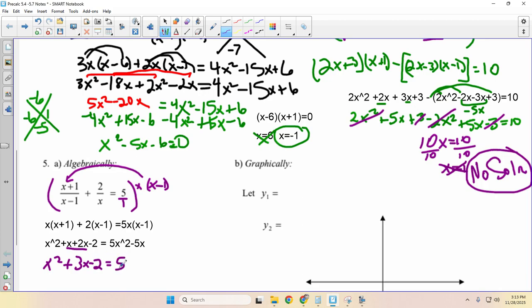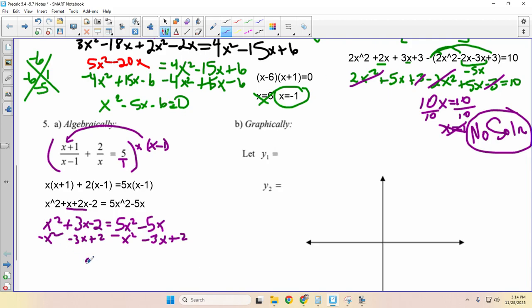That's equal to 5x squared minus 5x. Let's go ahead and put everything on the same side. So I'm going to subtract x squared and subtract 3x and add 2. Minus x squared, minus 3x and add 2.